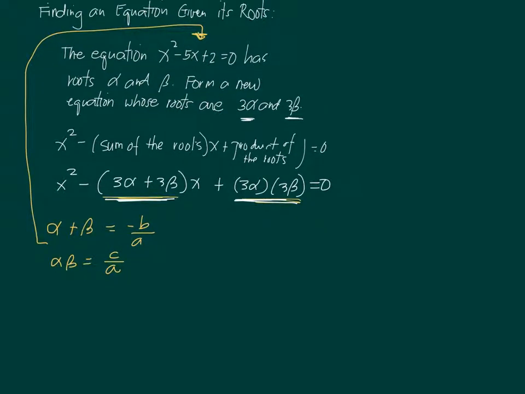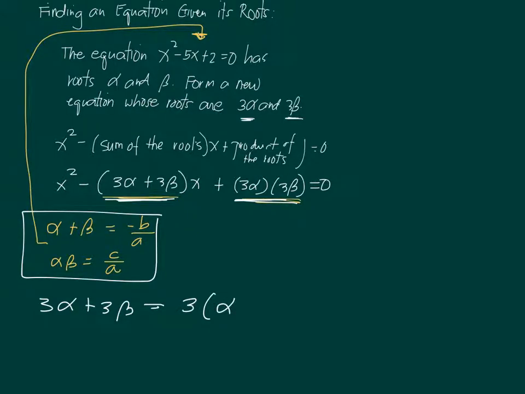So let us look for them one by one. If I look for 3 alpha plus 3 beta, I need to come up with alpha plus beta, and alpha times beta. To do that, all I need to do is factor out the 3, then I have alpha plus beta.